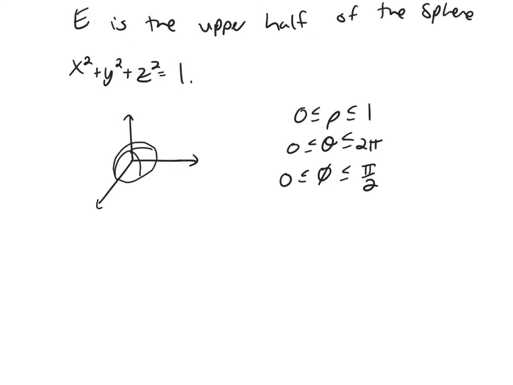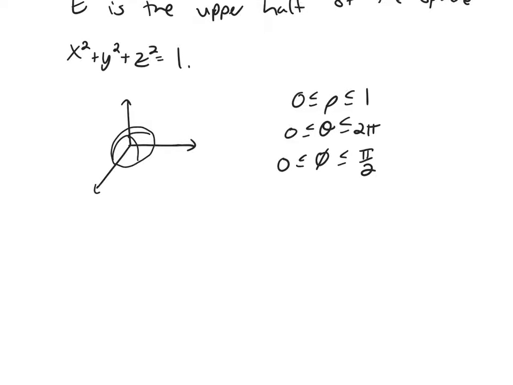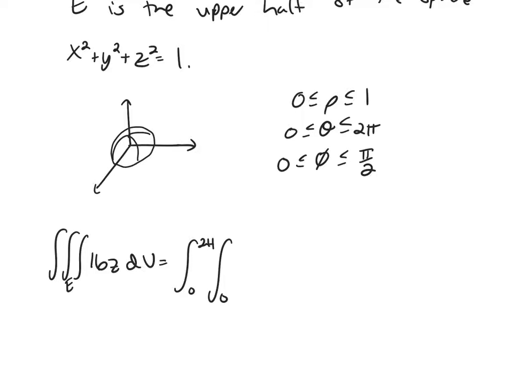And now that we've described our region, we're ready to start looking at this triple integral. So 0 to 2 pi, 0 to pi over 2, and 0 to 1.